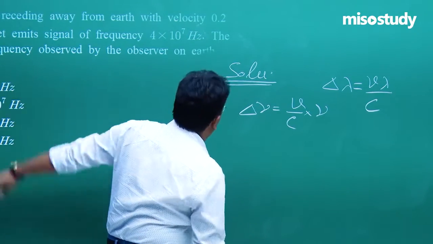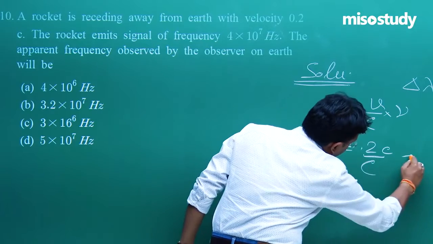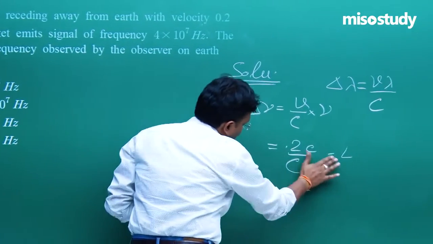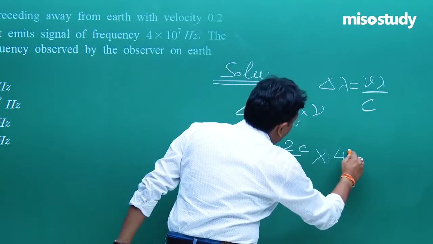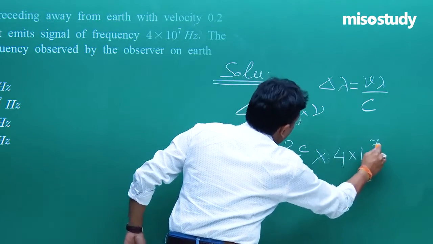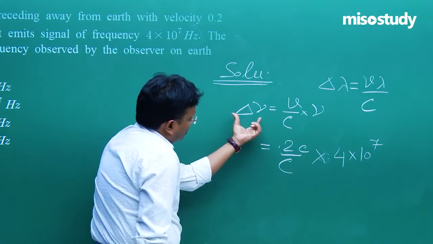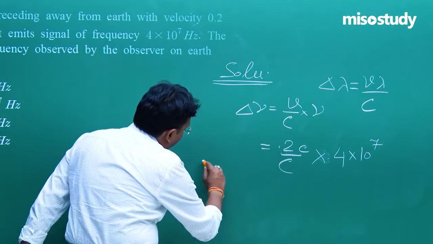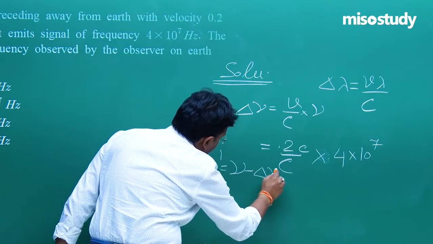Put the values given here: 0.2C upon C, into 4 into 10 to the power 7. Once you solve it, you will get this delta nu value, and nu prime is equal to nu minus delta nu.